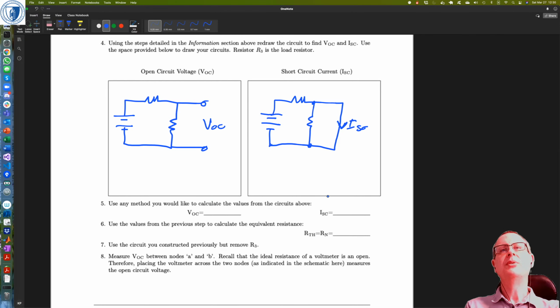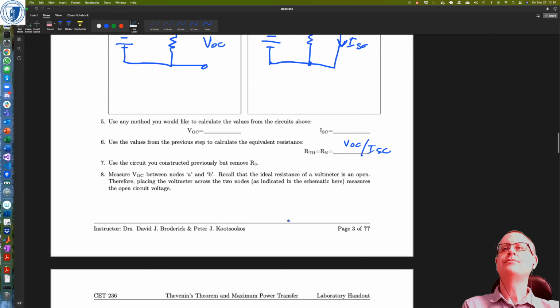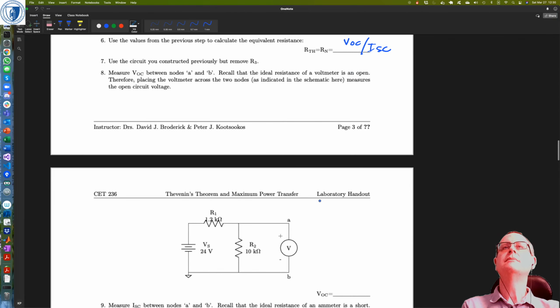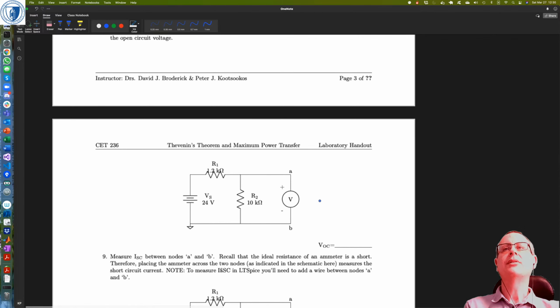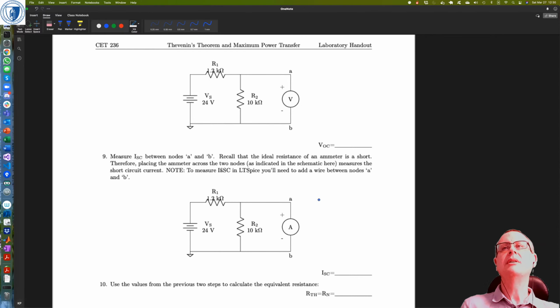So we can get VOC, we can get ISC, and then both of these are just calculated from VOC and ISC. So then it just asks you to use LT Spice to measure the current and the voltages, the open circuit voltage and the short circuit current.